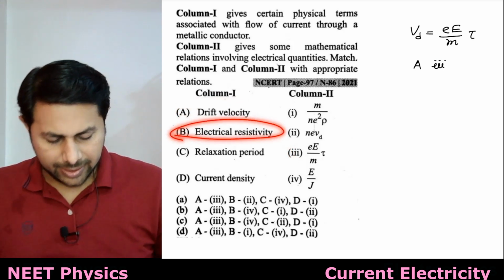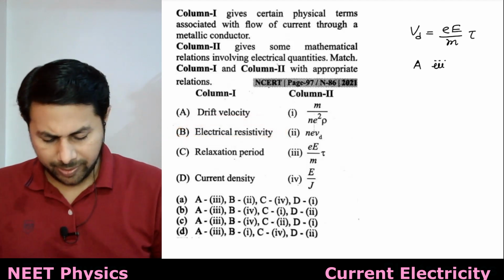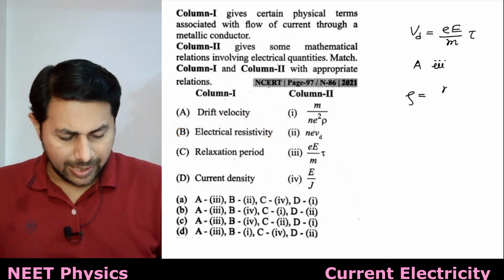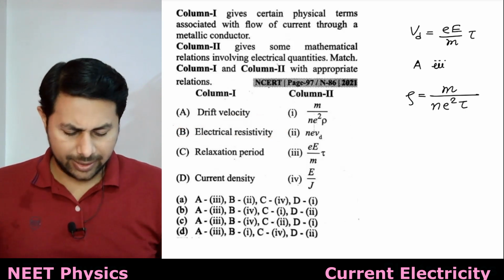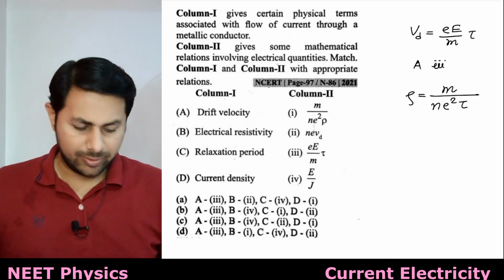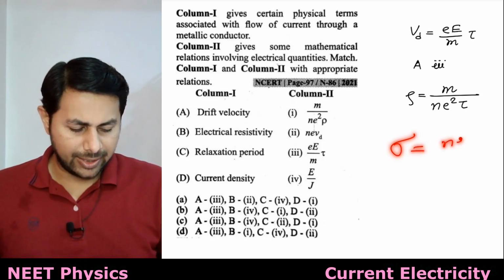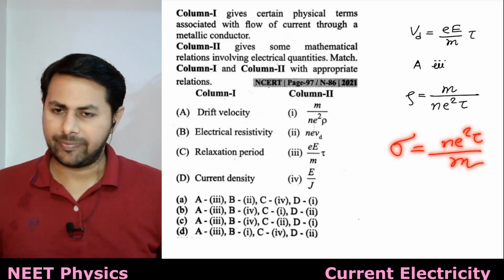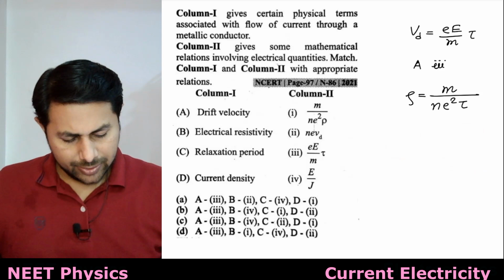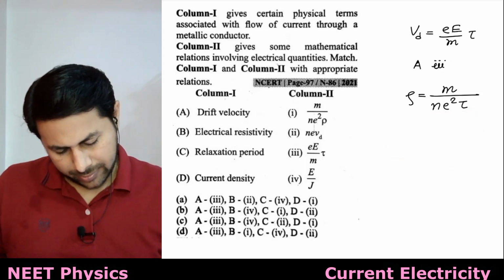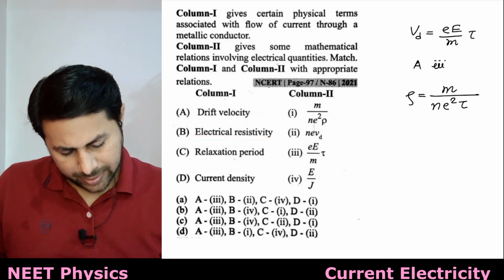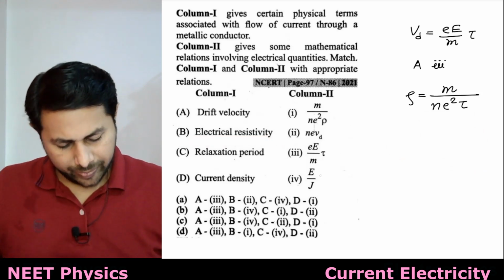Then electrical resistivity. If you remember, resistivity is m divided by N e square tau. And a similar formula for conductivity would be N e square tau by m, right? So m divided by N e square tau, is it there? It's not there.